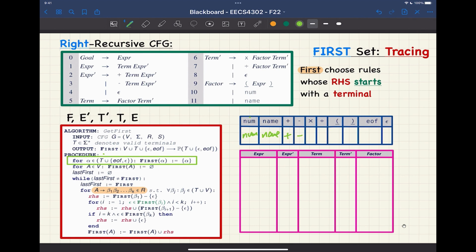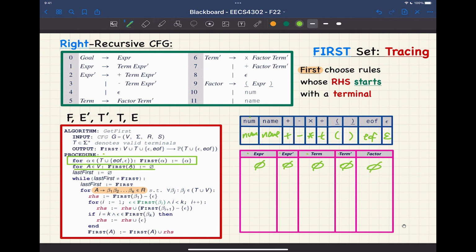Plus, minus, multiply, divide, opening, closing, EOF, epsilon. Base case, very easy to build. And then, initially, we're also going to initialize all the first sets for the variables 1, 2, 3, 4, 5, all to be just empty to begin with. That's all we're going to do.